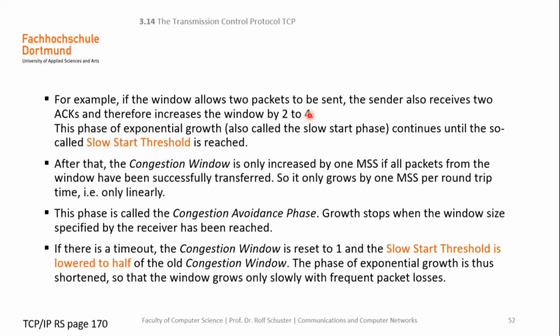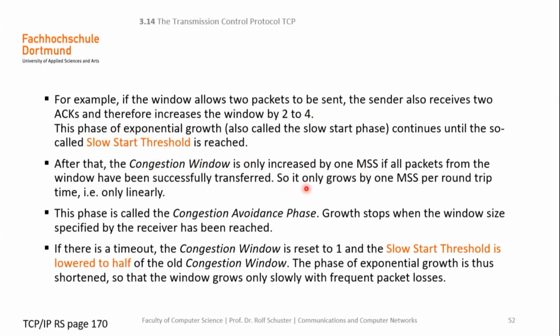Once the window size reaches the slow start threshold, the congestion window is only increased by one MSS if all packets from the window have been successfully transferred.